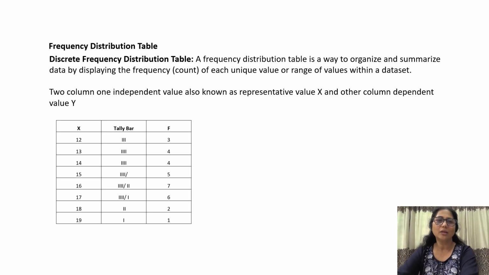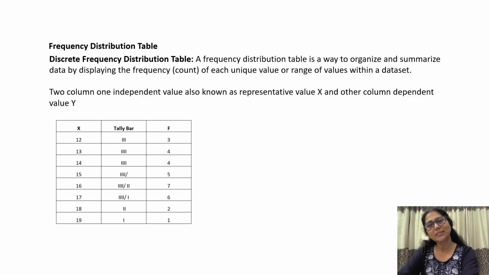Likewise for 13, four vertical lines; for 14, again four vertical lines; for 15, there are five students of 15 years of age, so we make four vertical lines and then one slant line. This group shows a frequency of 5.